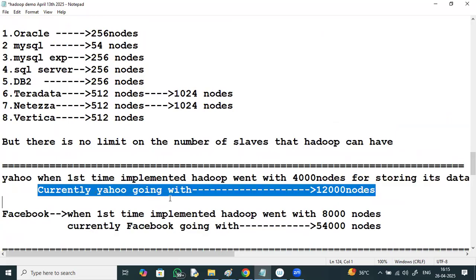Currently, Yahoo is going with 12,000 nodes. Facebook, when it first implemented Hadoop, went with 8,000 nodes. Currently, Facebook is going with 54,000 nodes. So Hadoop is proven in the market, from the storage point of view with unlimited data storage, and from the processing point of view also, right?